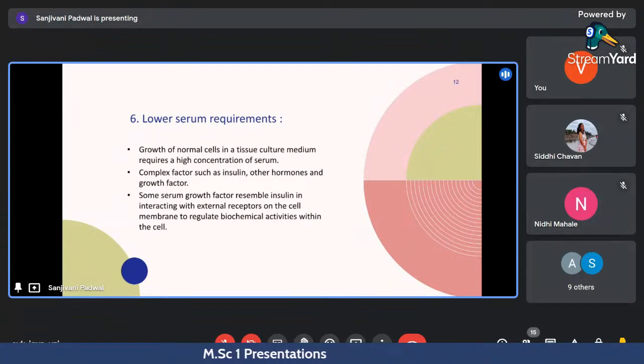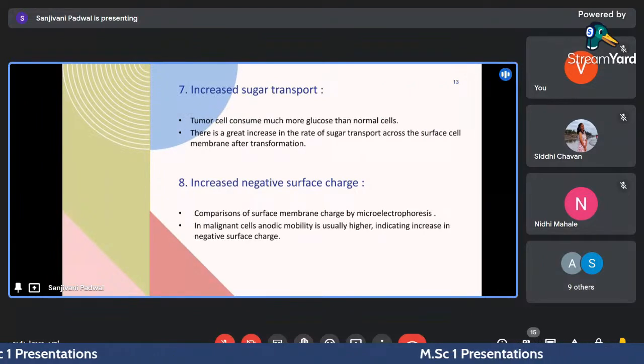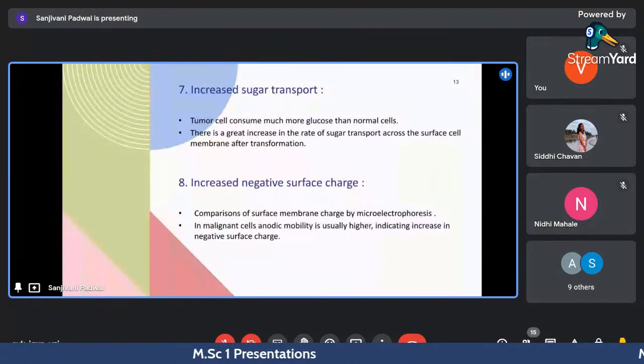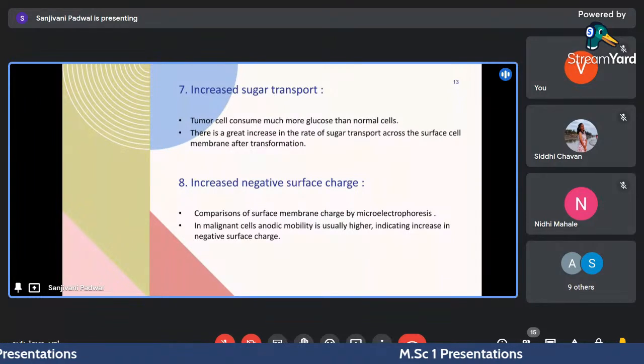Then the seventh property is increased sugar transport. Tumor cells consume much more glucose than normal cells because they have to grow and multiply. There is a great increase in the rate of sugar transport across the cell surface membrane after transformation. The eighth property is an increase in negative surface charge of the cell membrane.